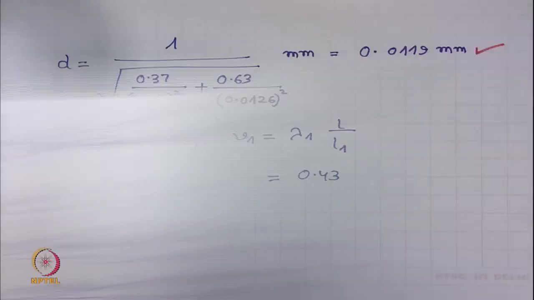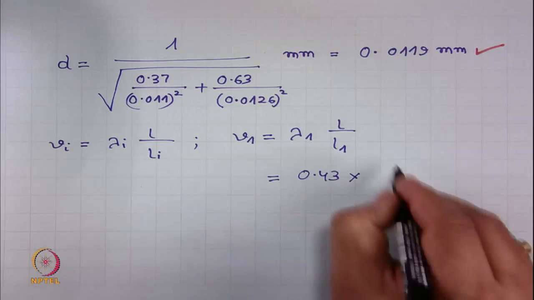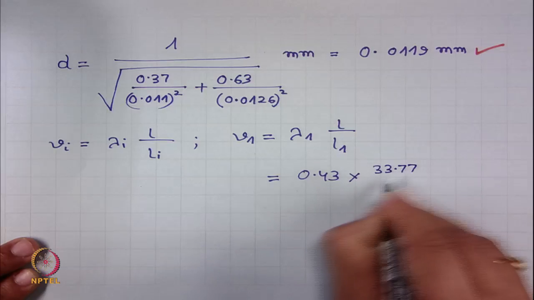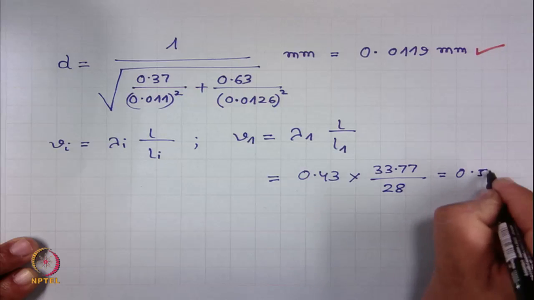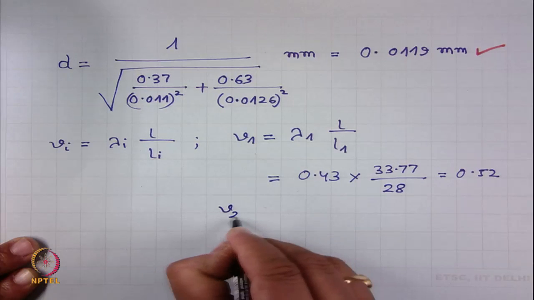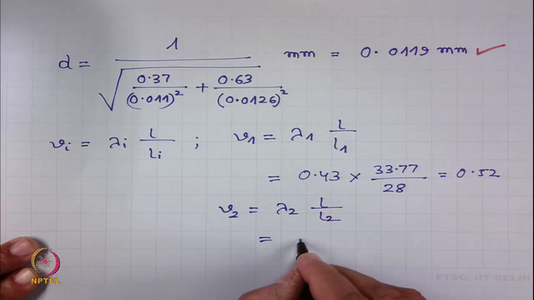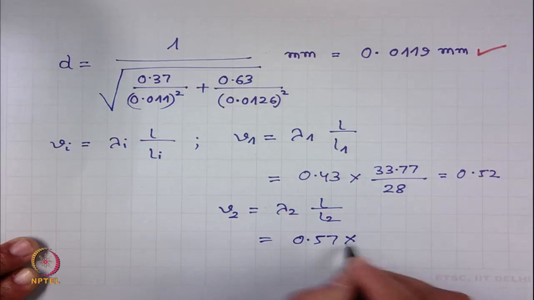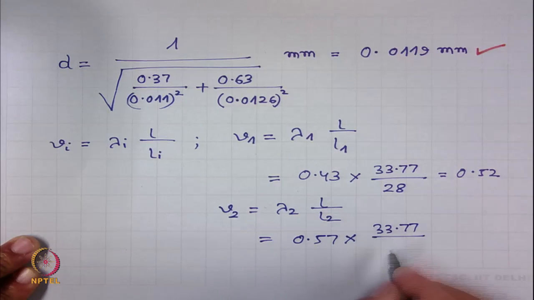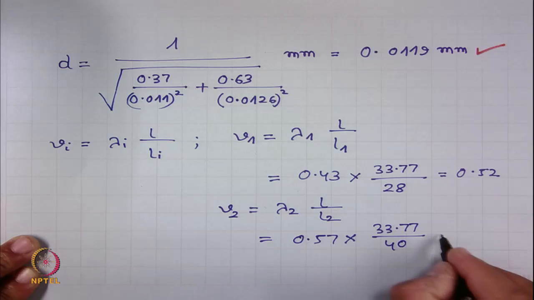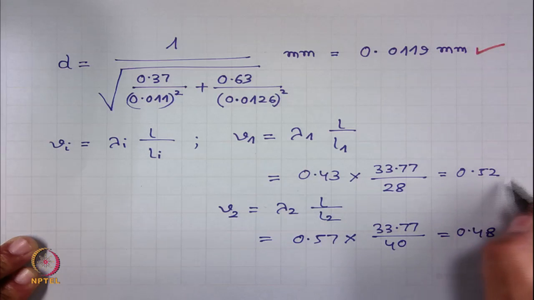We use these two values. 0.43 into mean length, mean length was 33.77 millimeter, and L1 cotton fiber length was given as 28. So, this value will come 0.52. Similarly, nu 2 is lambda 2 L by L2, lambda 2 was obtained as 0.57, this is 33.77 and length of polyester fiber was given 40. So, this value will come 0.48. This was our last one.